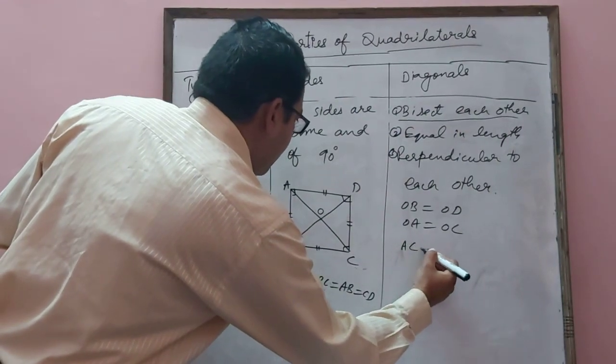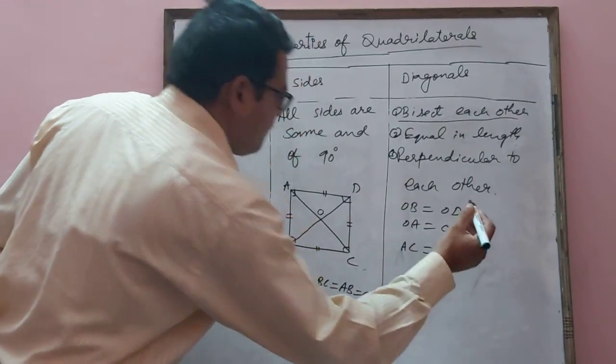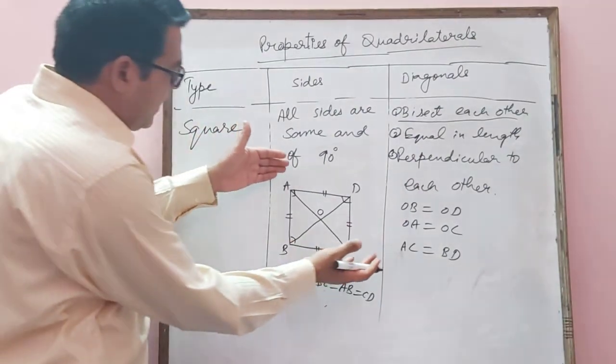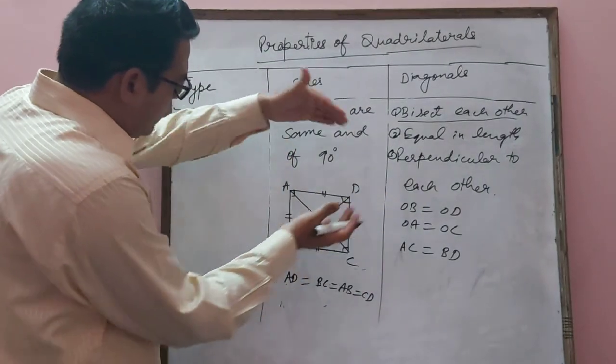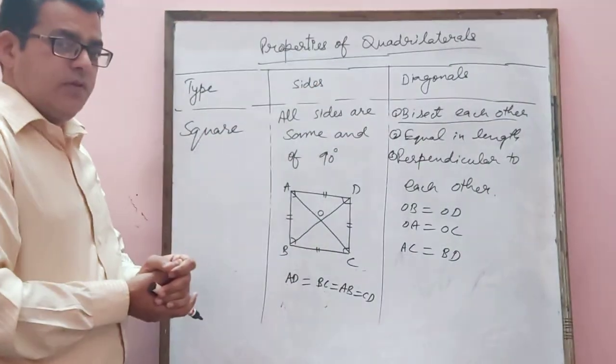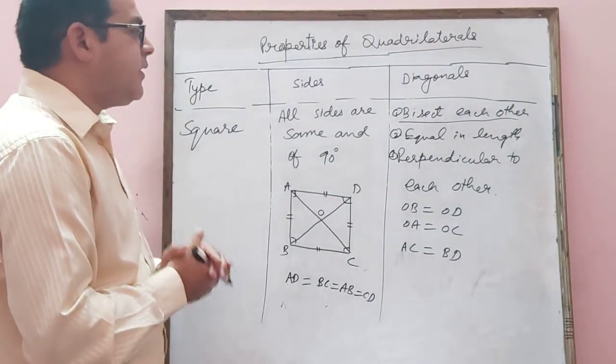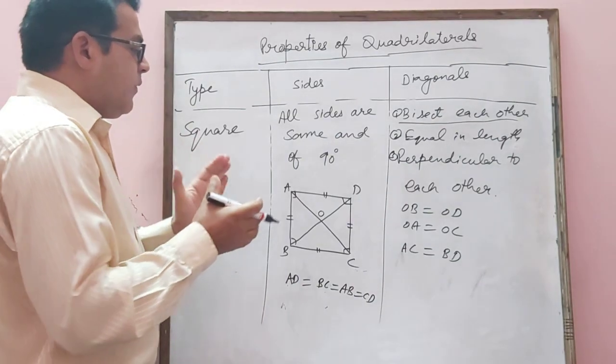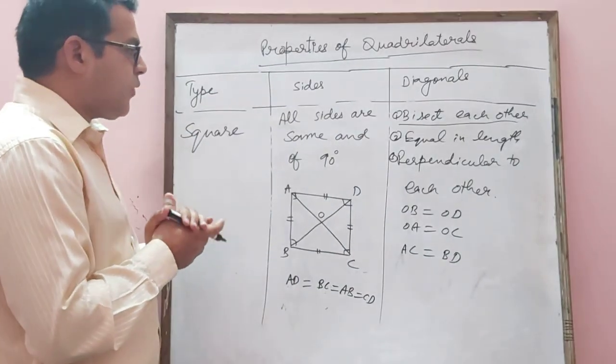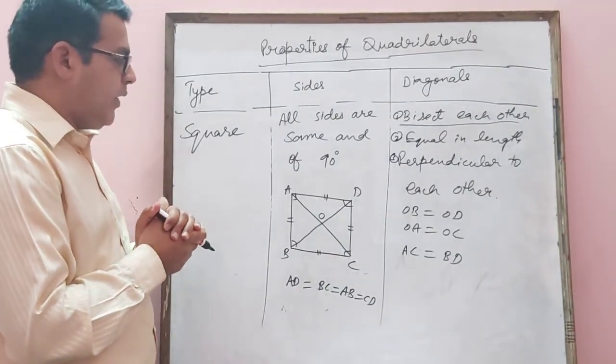So we can say that AC equals BD, meaning this diagonal will be equal to this diagonal, since all the sides are the same. And third, this is also very important, diagonals are perpendicular to each other.